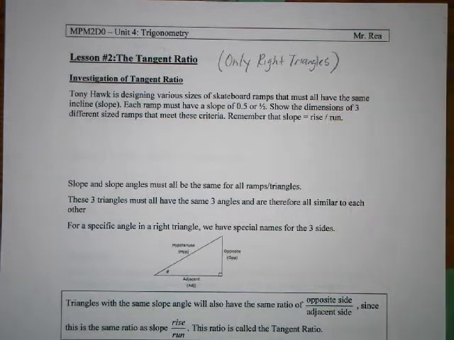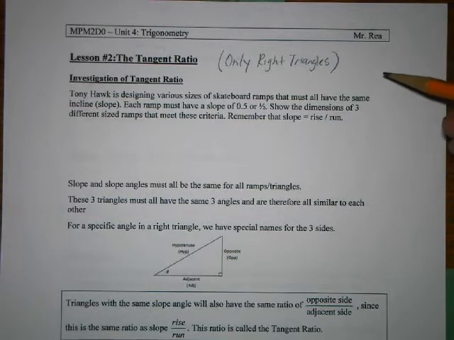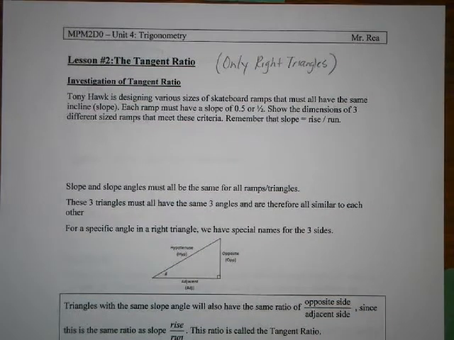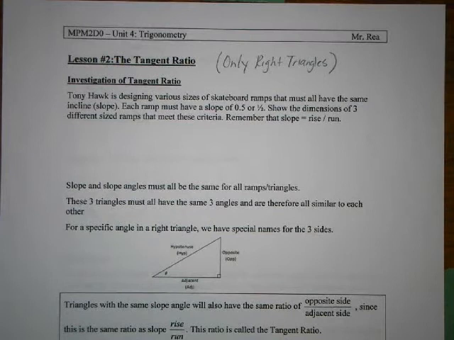Then we finish the unit up where we look at other triangles as well. But right triangles have a special relationship, as you know, based on Pythagorean theorem, and the sides are related that way. So, okay, let's start this off with an example.